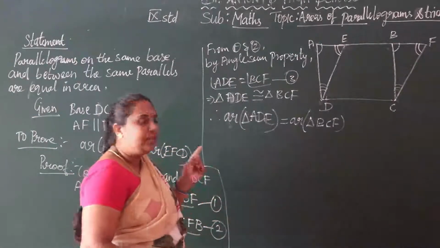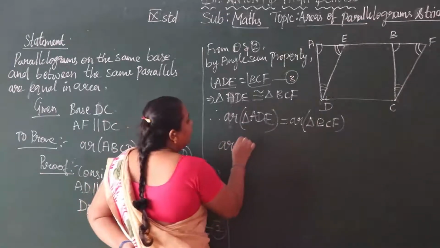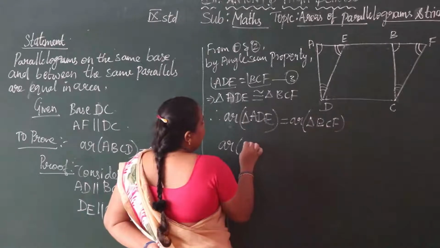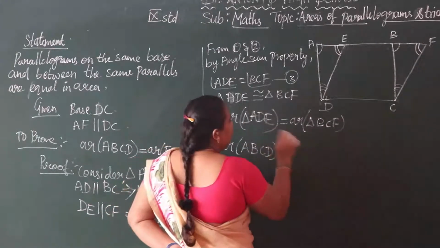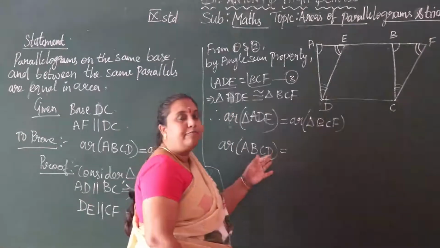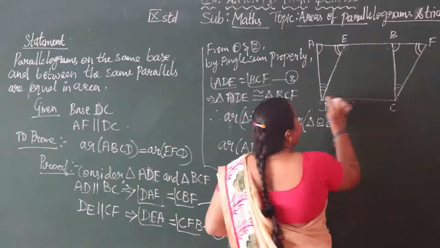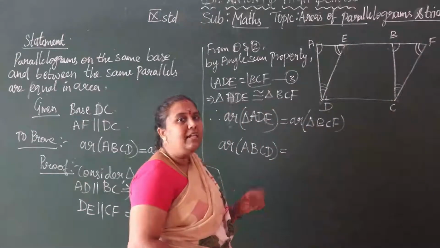Okay, understood children? Then we have to write area of parallelogram ABCD.